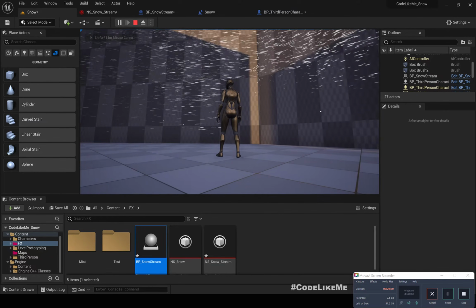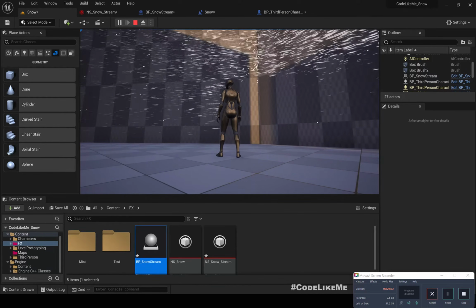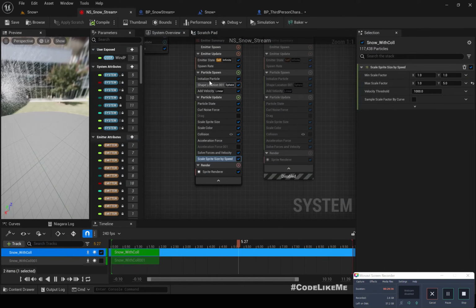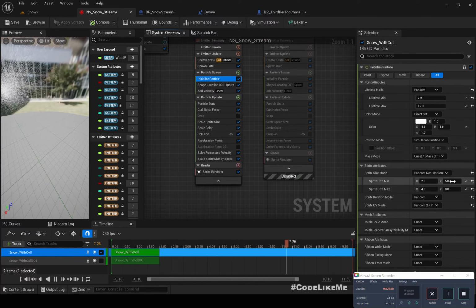Right, now that gives us the shape we need. Now in the initial particle size, let's make it random uniform again.